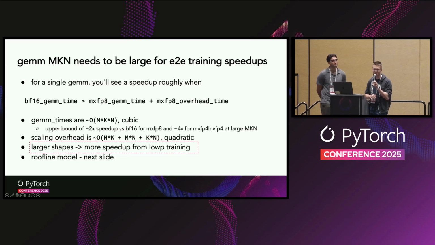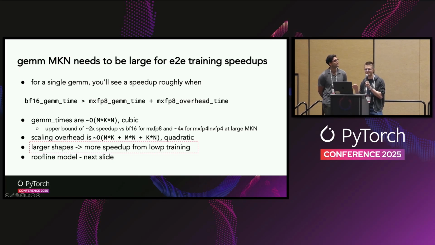And the second thing I want to talk about is why you need to have large GEMMs to see a benefit from low precision training. I'm going to use mxfp8 in this example, but mxfp4 and nvfp4 are very similar. So I have a very simplified formula here on the second line of my slide. Basically, if you're trying to do low precision training, your baseline is your bfloat16 GEMM time because you don't need to scale anything for bfloat16.